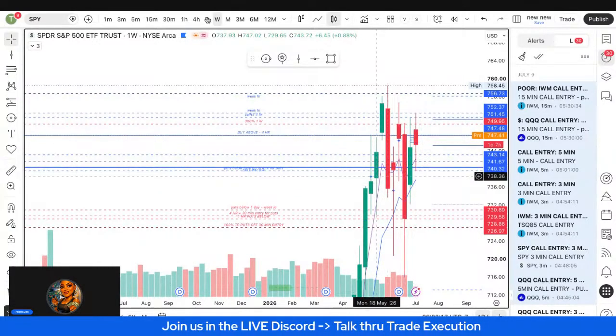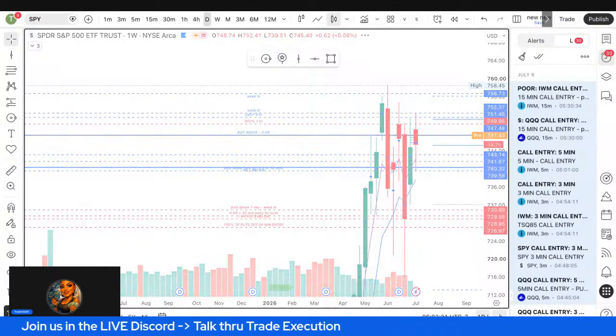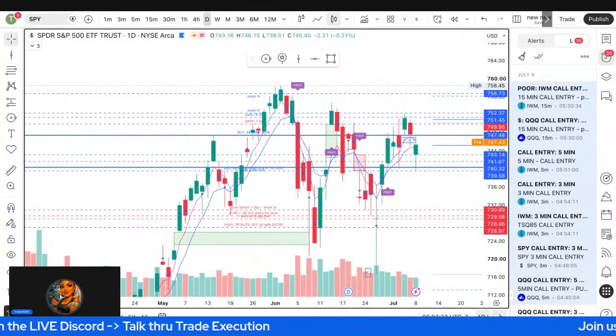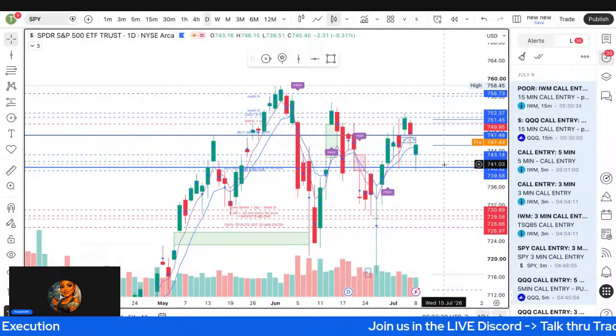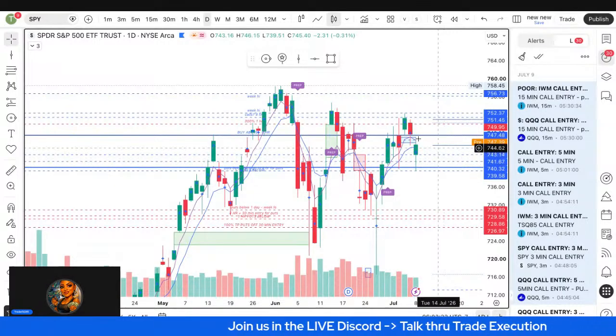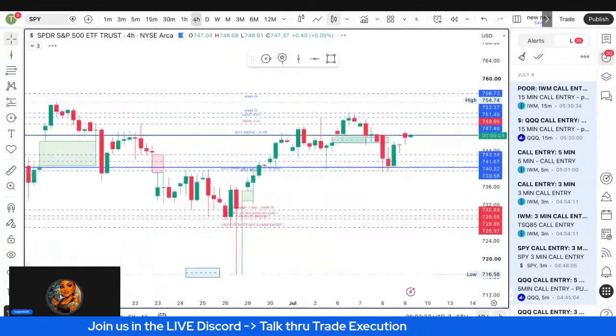And then we're starting to go down to the daily. The indicator does track the previous high, previous low for us. Let's see here. It almost does line up with the previous day here. It's going to go to the 4 hour.